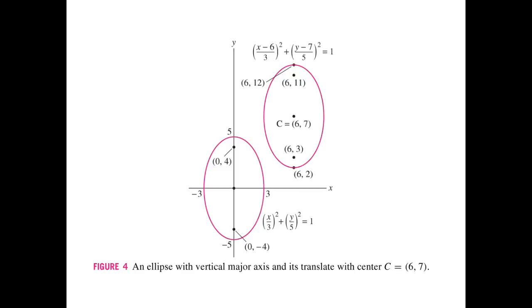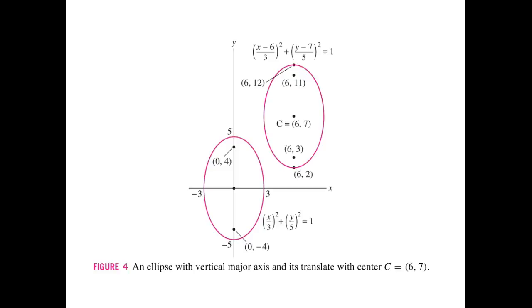Notice your larger value, your major axis, is under the y. Your minor is the x. So this intersects at plus 5, minus 5, and happens to have 0, 4 and 0, minus 4, because 3 squared plus 4 squared is 5 squared.